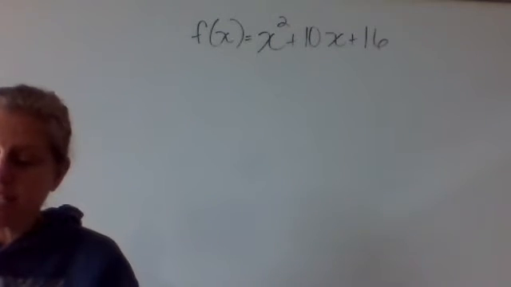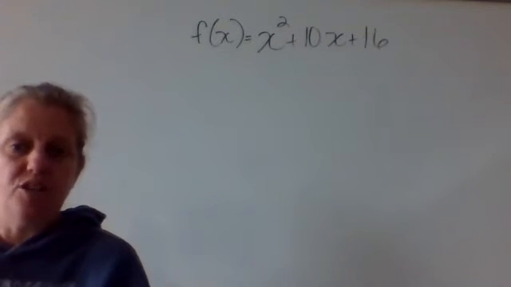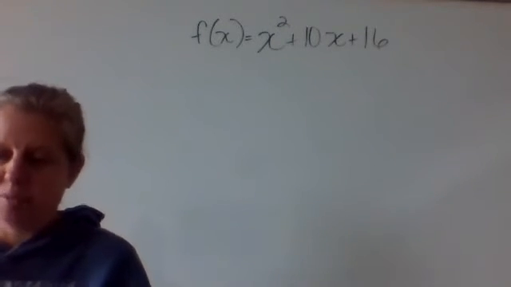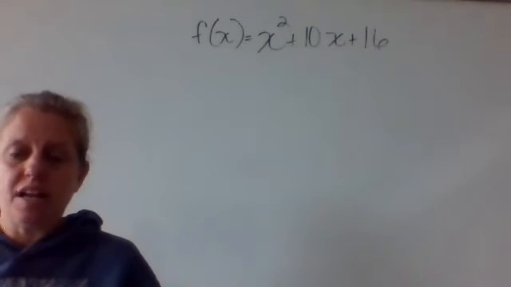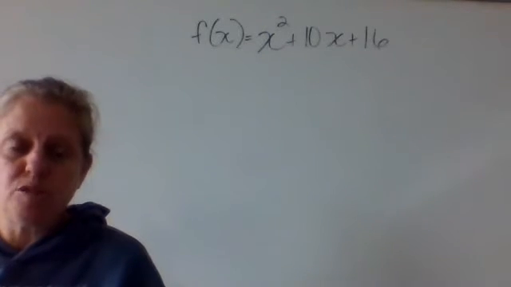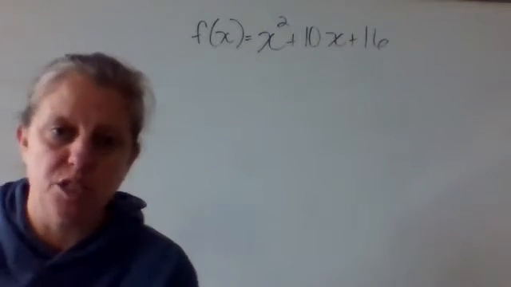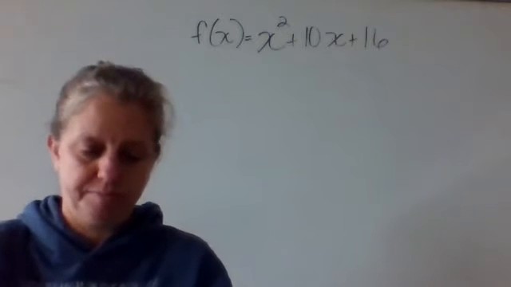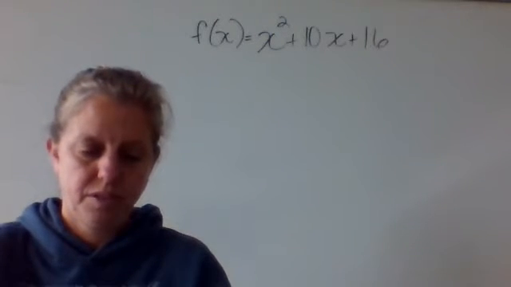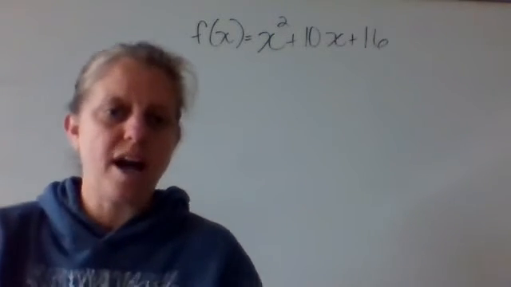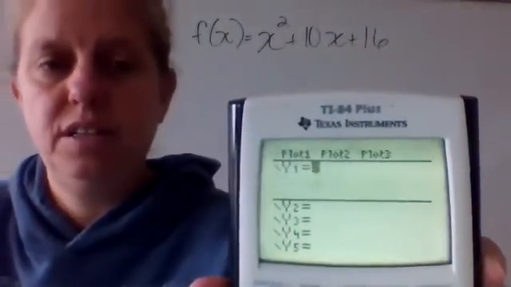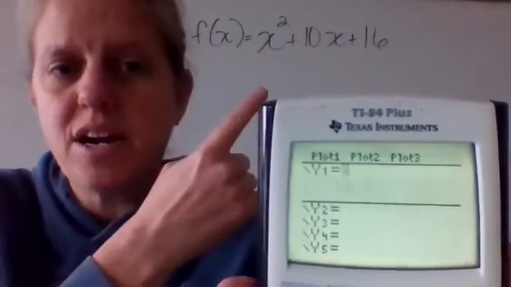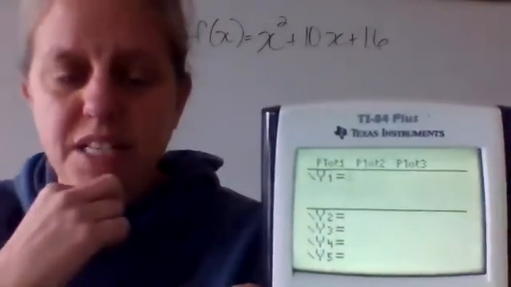All right, so it's going to ask us the same kind of problems that it asked us on the other problems and then add some stuff to it. So the first thing I'm going to have to do, the first question will be, what is the vertex? So let's put this in our y equals. So go to y equals, clear it out. Type in x squared plus 10x plus 16.